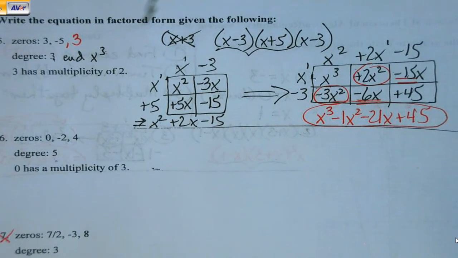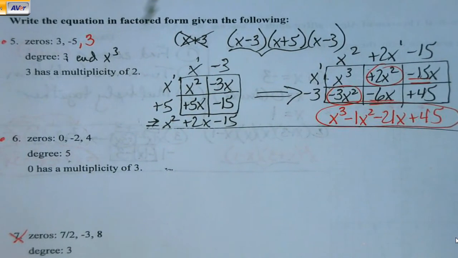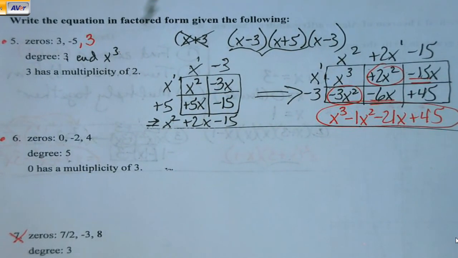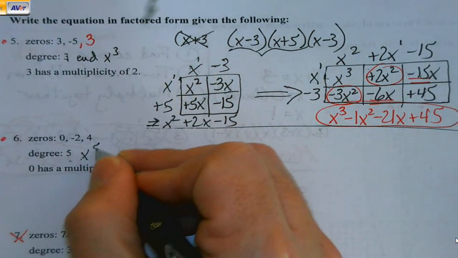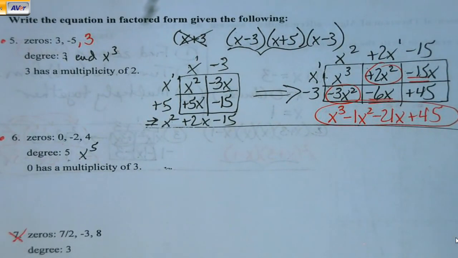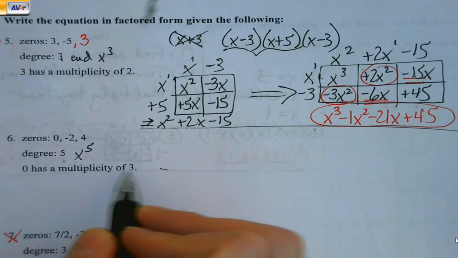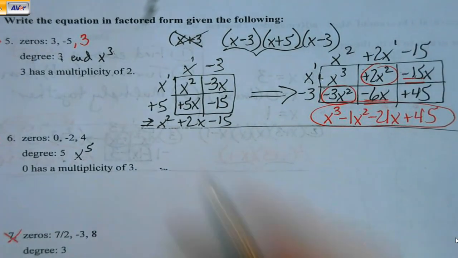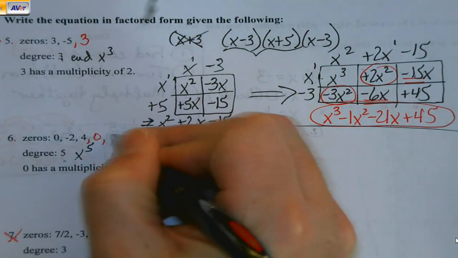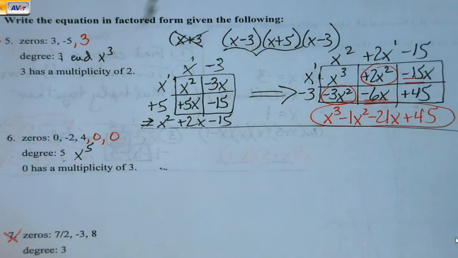Now, because I thought it would put some of you into panic, I want to do number 6 with you. Because some people look at this and go, OMG, degree 5, x to the 5th. I'm going to have to do like 4 boxes on this. No, you're not. Why? 0 has a multiplicity of 3, which means 3 of my zeros are 0.